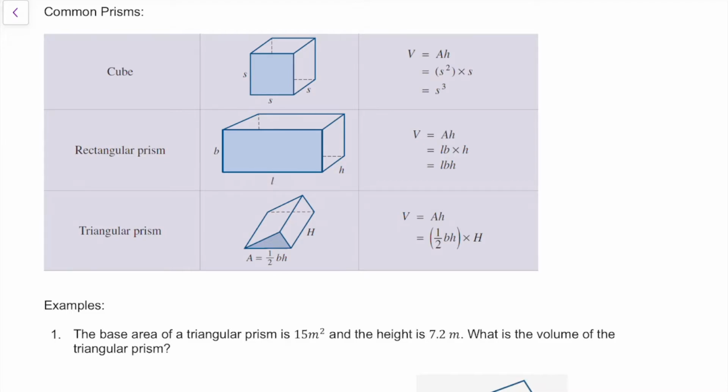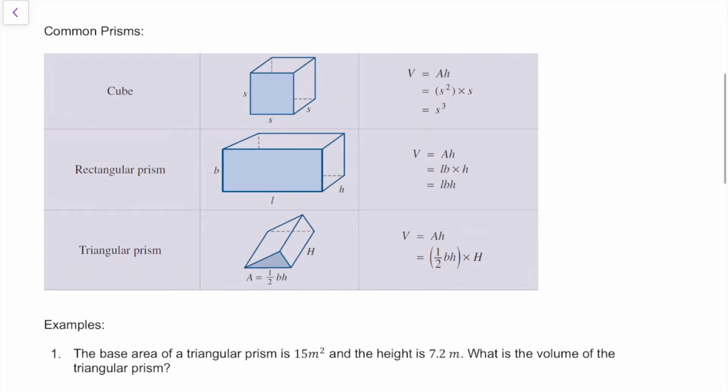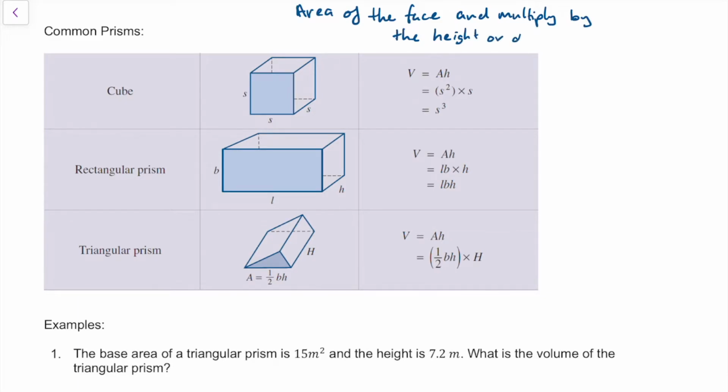So for the cube, obviously, when we're talking about volume, what we really want to do is take the area of the face, or of a face of the shape, and multiply it by the height, backwards, or the depth of the object.